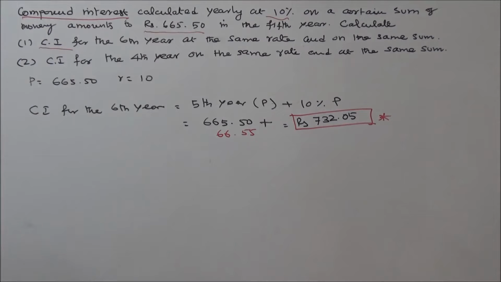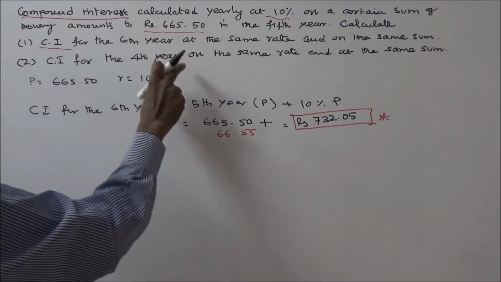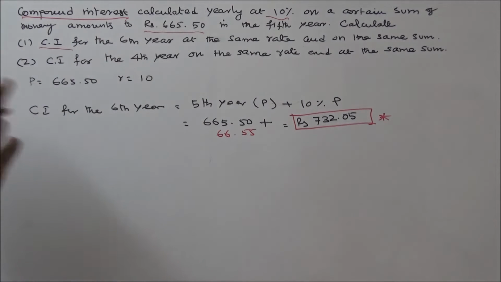That is the first question's answer. For the second question, they are asking for the compound interest for the 4th year on the same rate and the same sum.